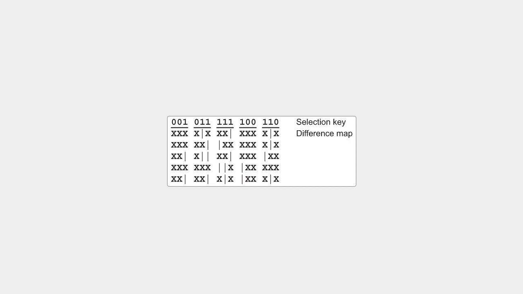Emily can then try each possible length for the selection key. When the correct length L has been chosen and the marks are lined up at intervals of L pixels, then every column where the selection bit is 0 will contain all X's, while the columns where the selection bit is 1 will contain half X's and half straight lines. For example, again using the selection key 1, 3, 7, 4, 6, you might see the difference map.